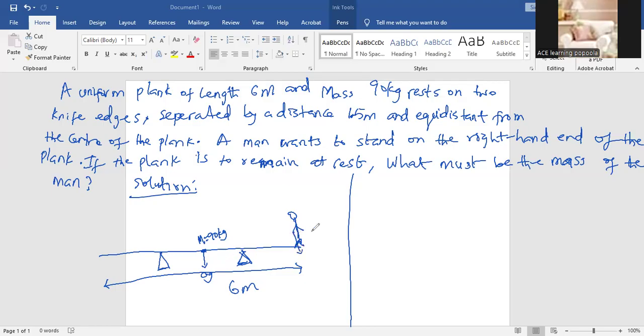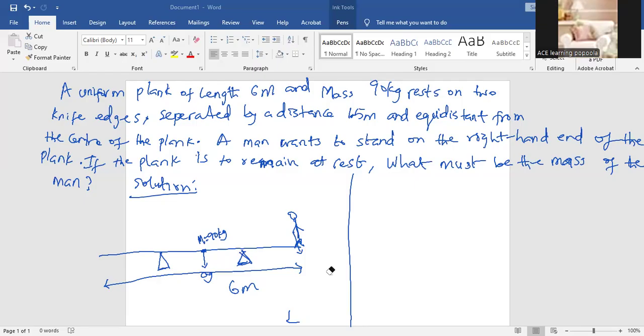It should make this plank rotate like that. It should create a torque. So what mass should he weigh for this torque to not happen, for the torque to be 0? That's what the question is asking. I hope that is clear.